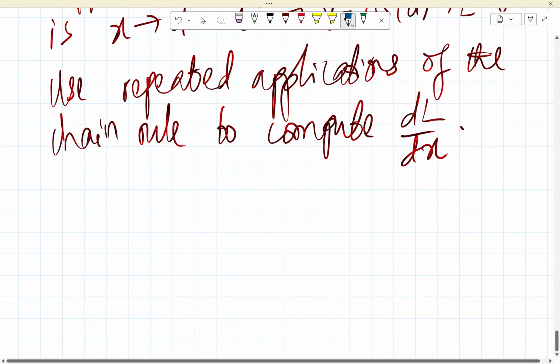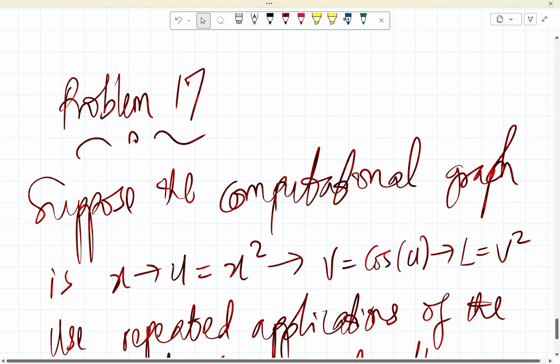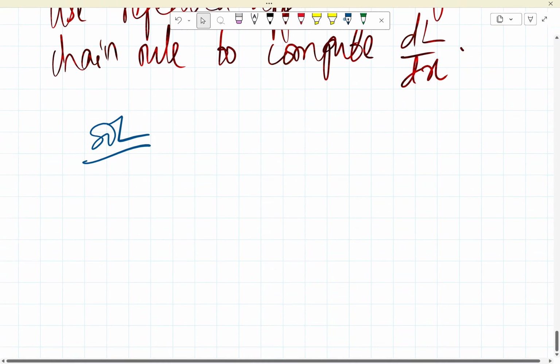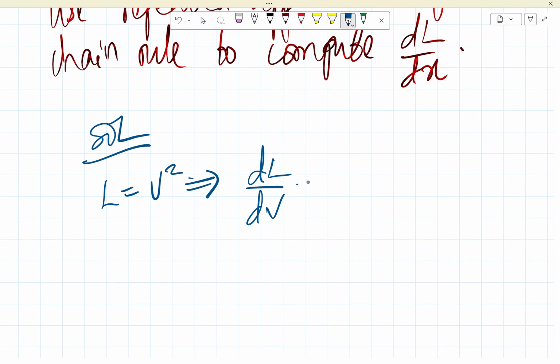Okay, so solution there. Let's bring out all the functions. First of all, we need dL/dx, right? We can start from anywhere, but let's start from L equals v squared, implying that dL/dv is equal to 2v. That is settled.